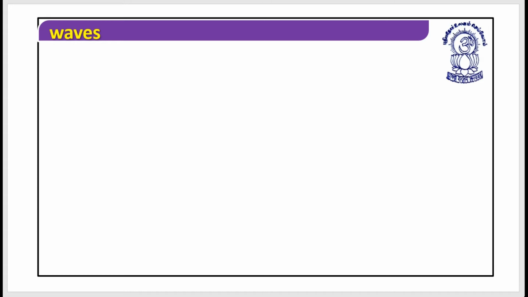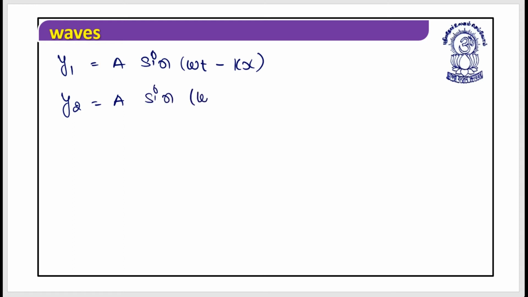When we say it's a superposition, suppose I have one wave, a sine of omega t minus kx, and another wave, a sine of omega t minus kx plus phi.